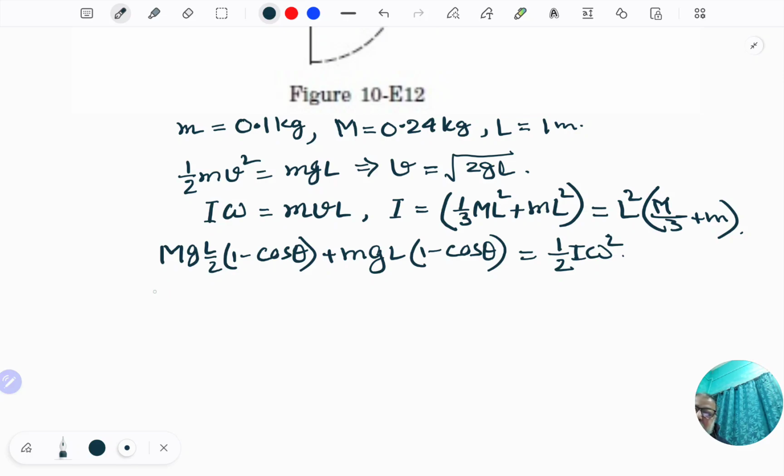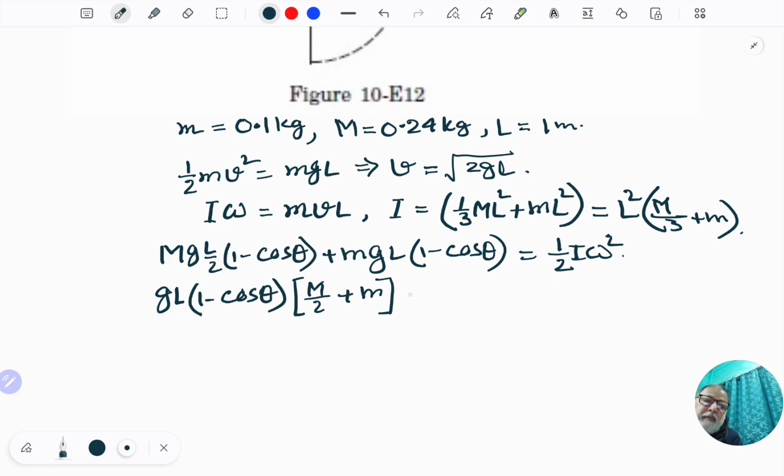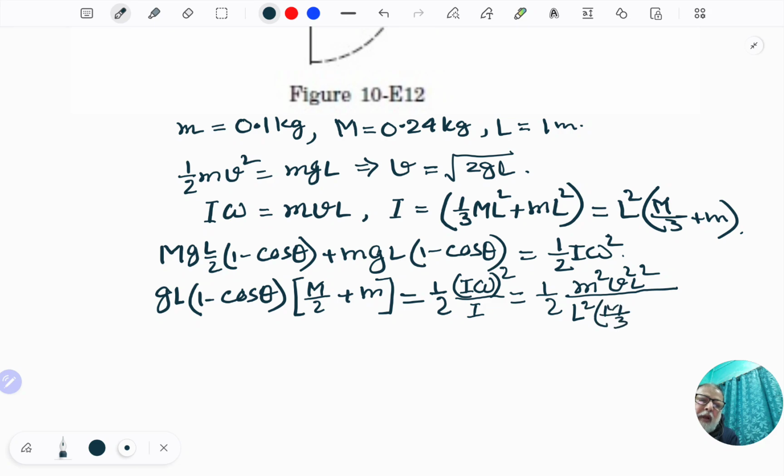I can write this as gl taken common into 1 minus cos theta whole into capital M by 2 plus small m is equal to, I write it for sake of quick calculation as I omega whole square by I, so that I can further write it as half I omega being mvl, it is m square v square l square by I, which is l square into capital M by 3 plus small m.